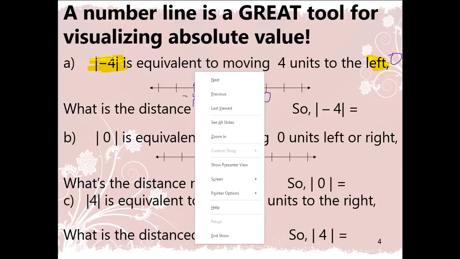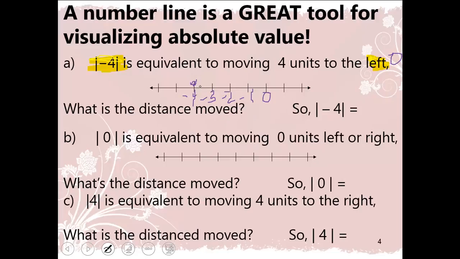Here it is. What we did, we got to the value of -4, but our distance is 4. What is the distance moved? 4 units. So the absolute value of -4 is +4 units.